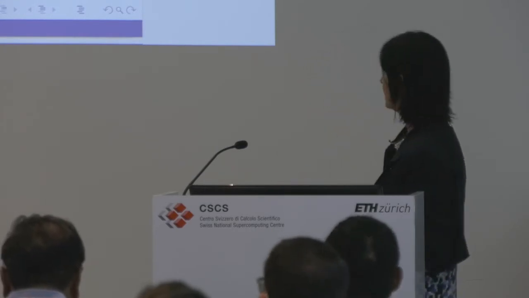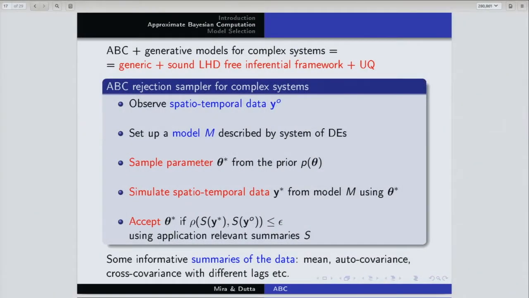So ABC, well, the vanilla ABC, the rejection ABC that I told you about, and the more refined approximate Bayesian computation algorithm that you will learn today, paired with models that have this feature of being generative, therefore simulator-based models, give rise to a generic and sound likelihood-free inferential framework that allows you not only to make parameter estimation, but also to assess the uncertainty in the estimates that you get.